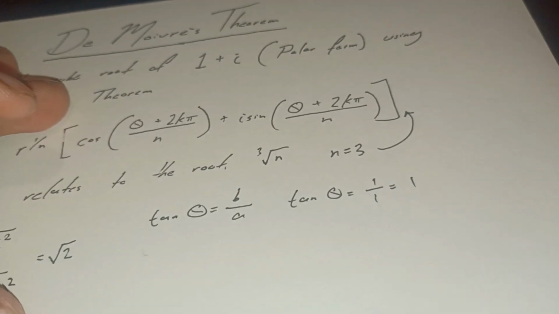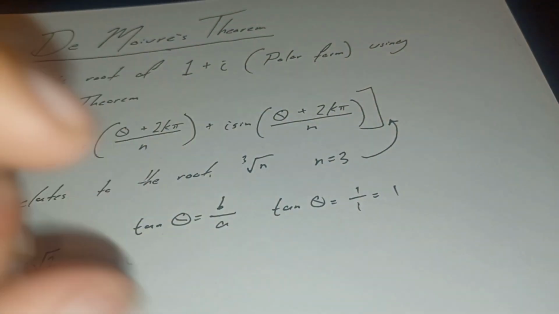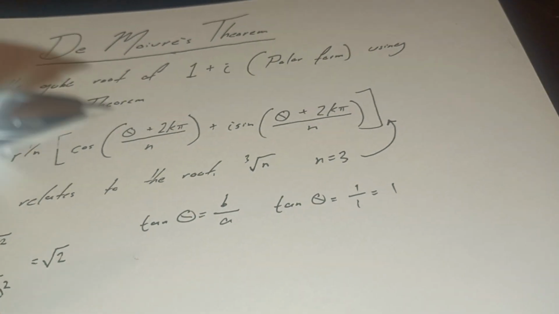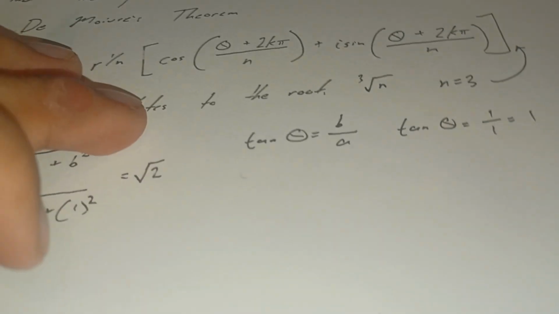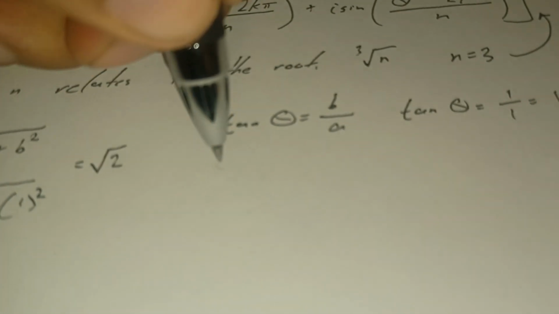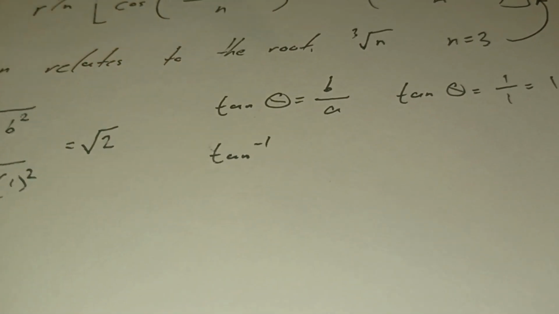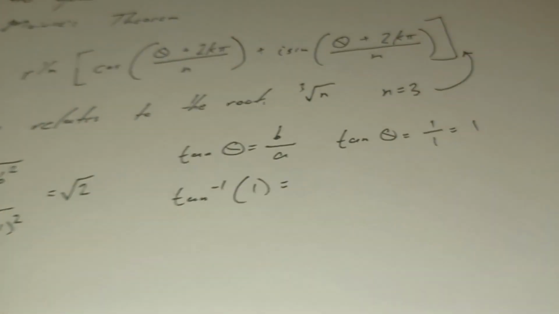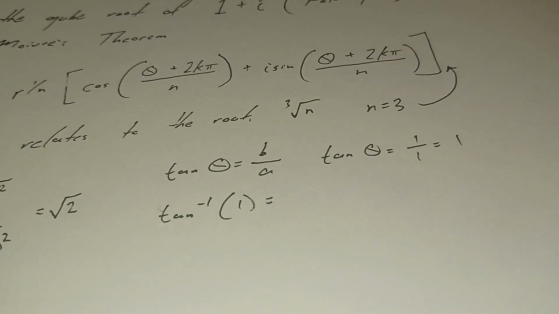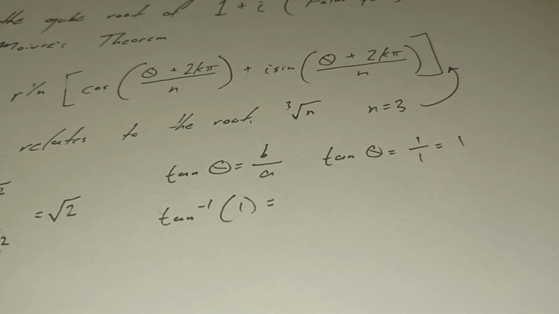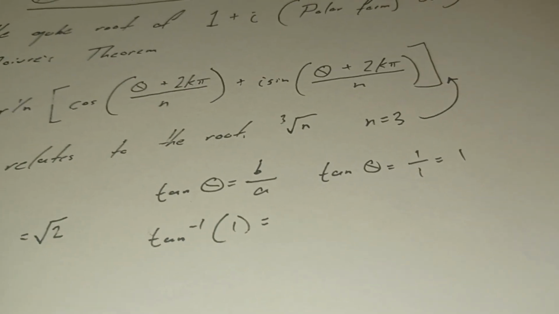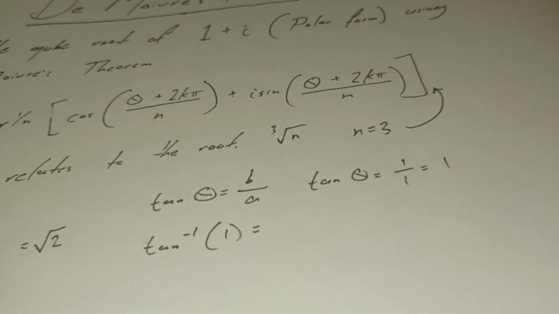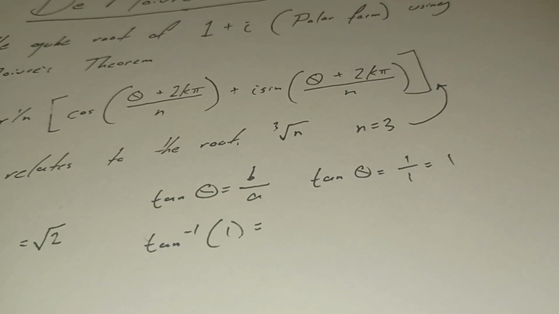So now we can take this positive number 1 and put it in the inverse of tan. Tan inverse of 1 is equal to, so we already know that tangent is equal to y divided by x, right? So what two values divided by each other give us 1?